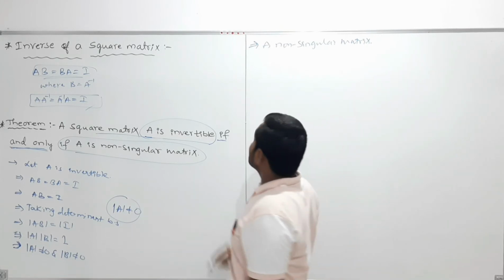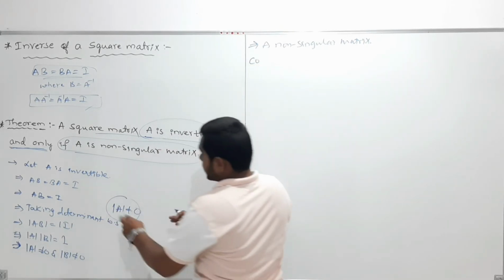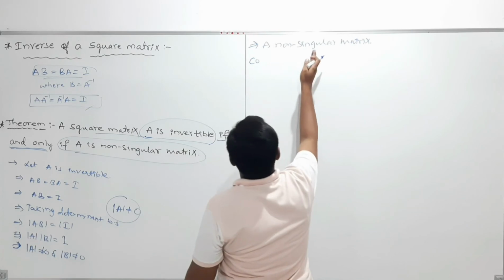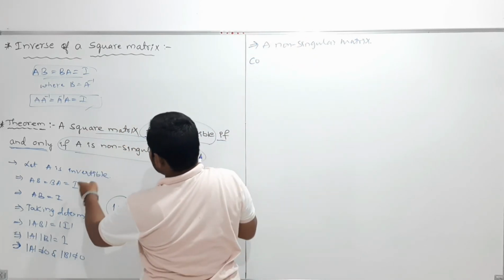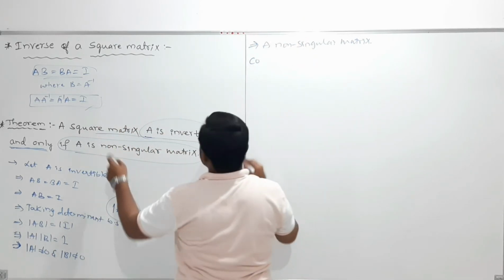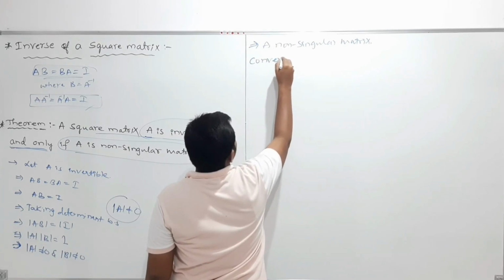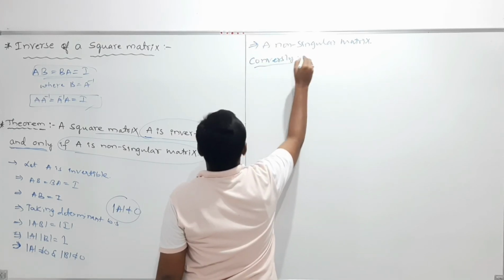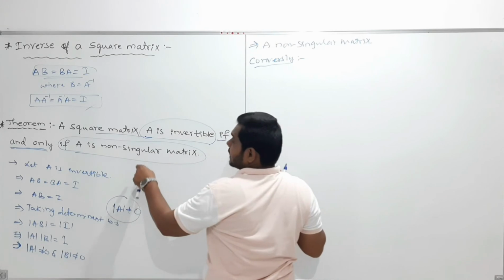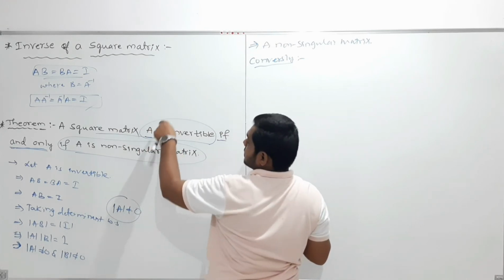And next, conversely, whatever I have proved here, I should take the reverse. I should take the reverse part. So conversely, I take this part and prove this result.